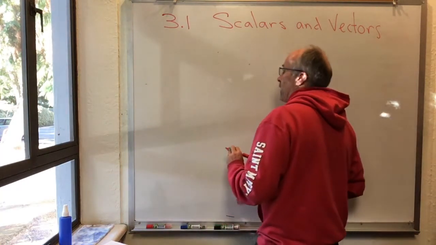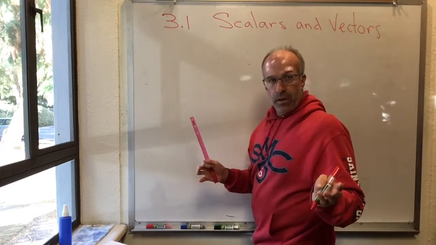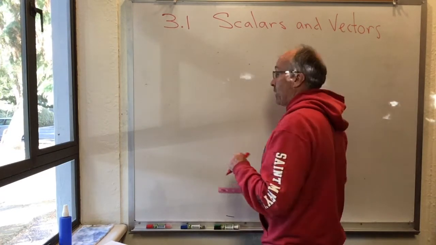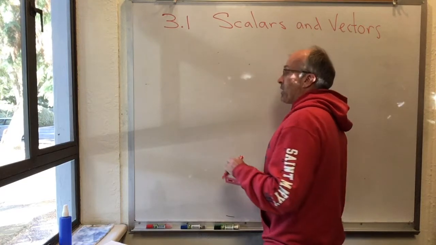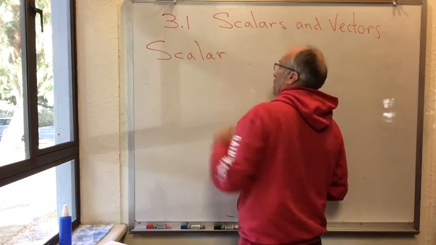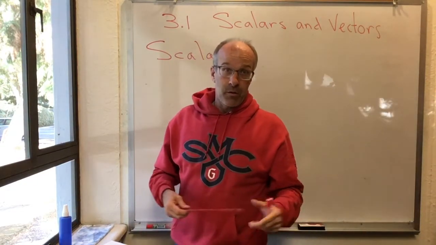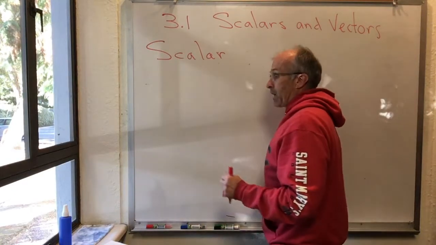Now we're going to introduce something that can be represented by a single number, including units, by the way. Something that can be represented by a single number we call a scalar. A great example of a scalar is a length.